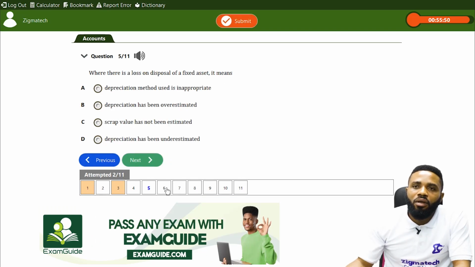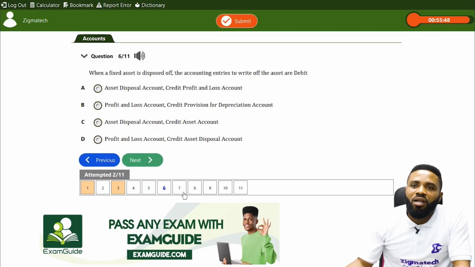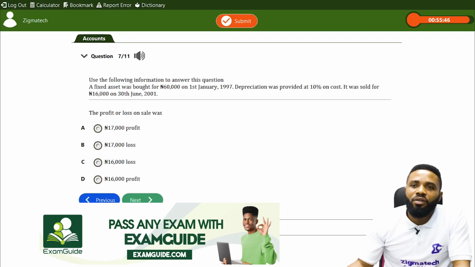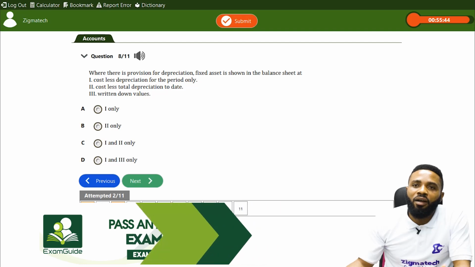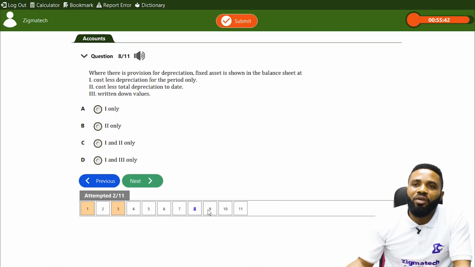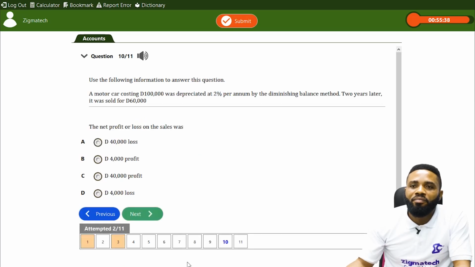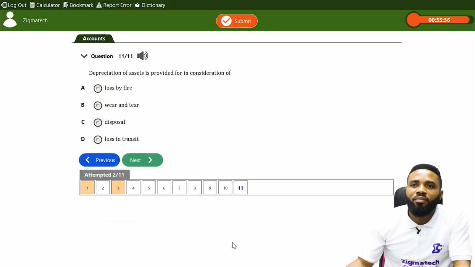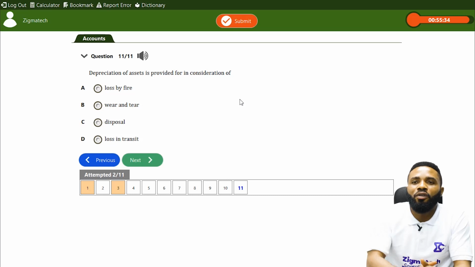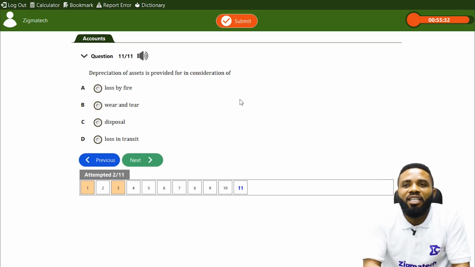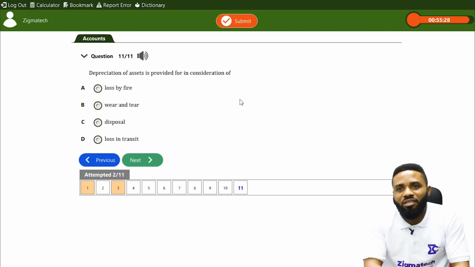And then let's look at question 7. Okay, we want to look at questions that will really bring the message home. They say depreciation of asset is provided for in consideration of dash.